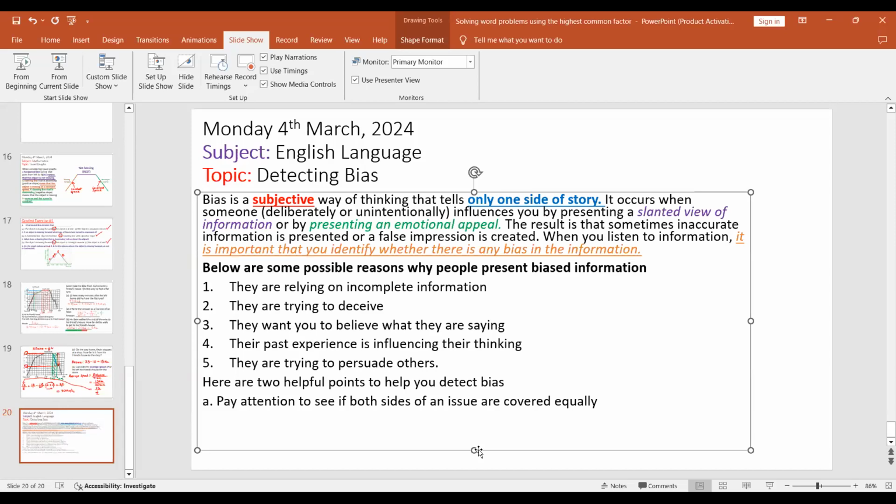So make sure to see that they present both sides. And in the case with the aloe vera, they didn't mention any precautions. So they're definitely being biased. They're not showing the full scope of the thing.